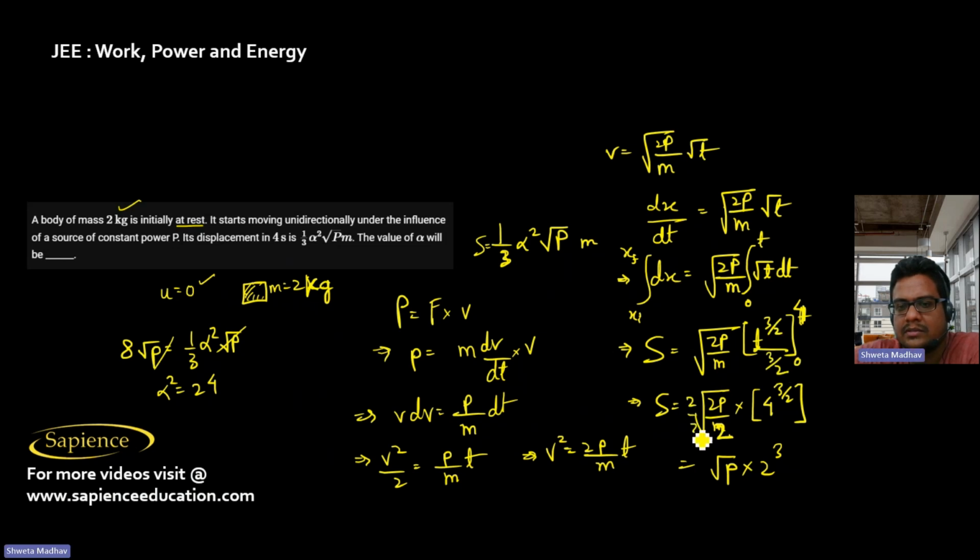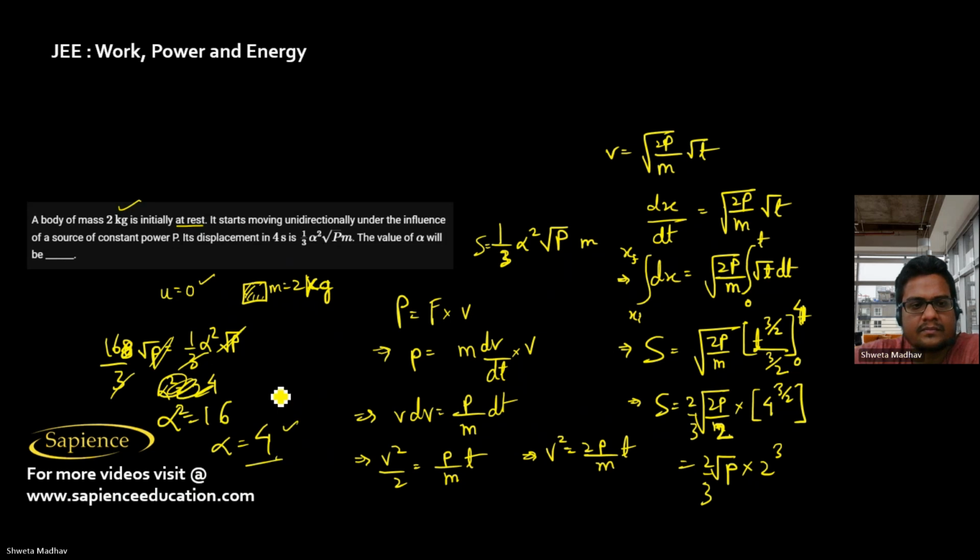This will be 2 by 3, so 2 by 3 root p. Okay, so this will be 4, it is just 16. So this is 16 by 3 root p, that is alpha square by 3 root p. So alpha, root p cancel, 3 will cancel. So alpha square equal to 16. So alpha will be equal to 4. So the correct answer is 4.